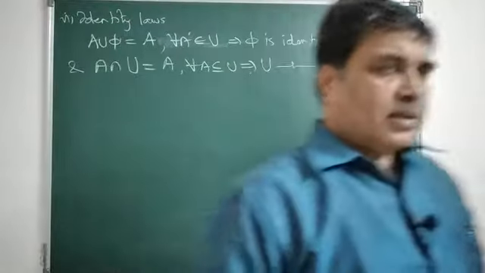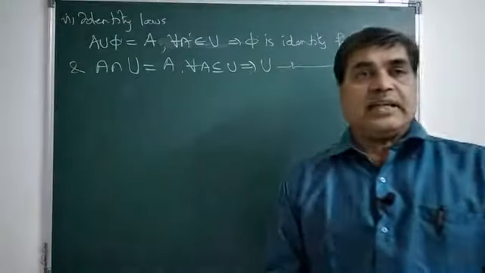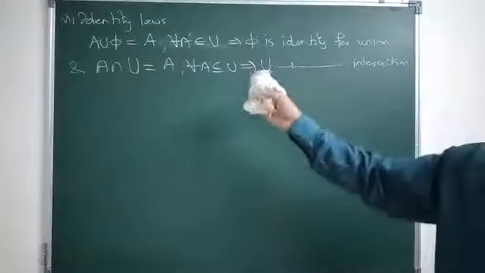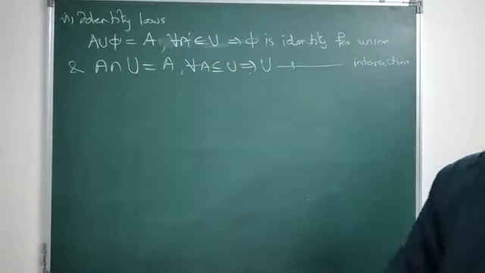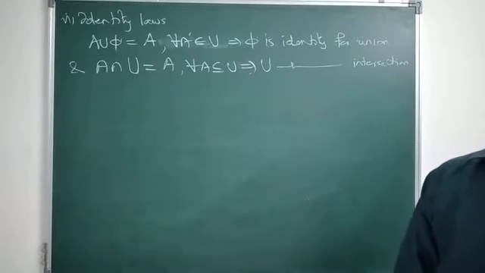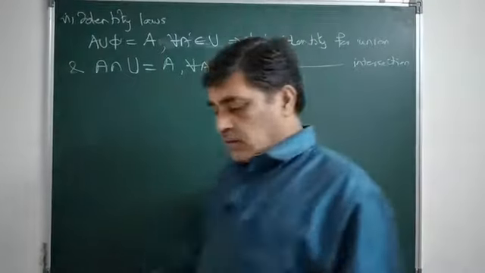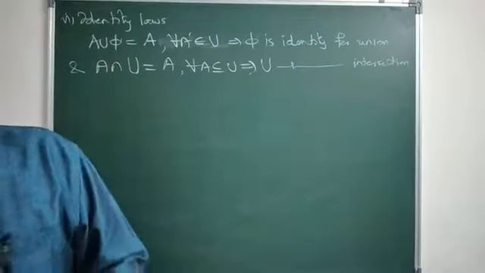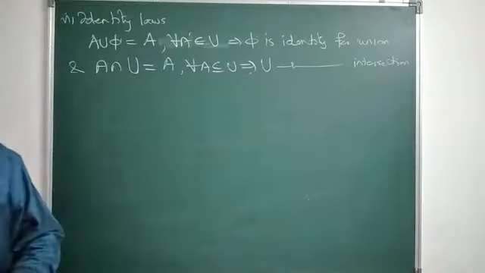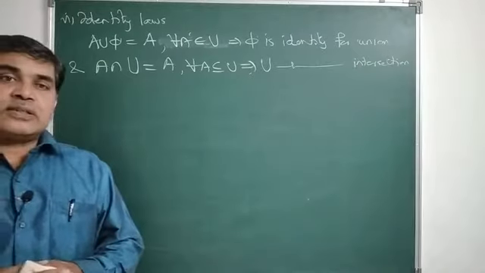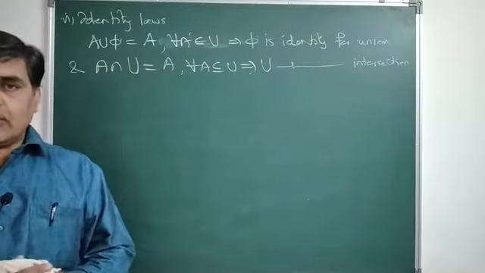You can take examples, and first verify all those laws with Venn diagrams, and go through the exercises. You will get expressions given in terms of union, intersection, difference, symmetric difference, and you check whether the two sides are equal or not.